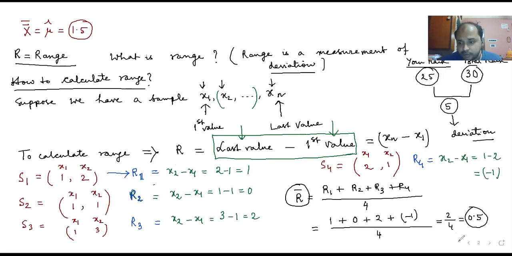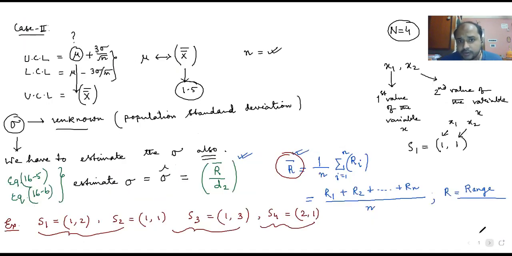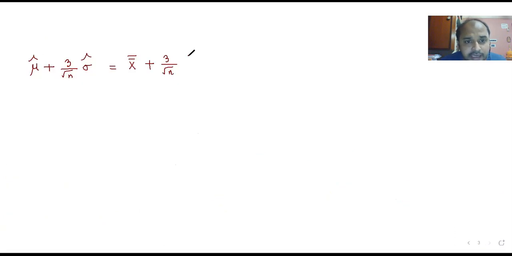So if you are interested in mu cap plus 3 by root n sigma cap, because mu and sigma are unknown, we have X bar for mu cap. 3 is there, n is there, and sigma cap is what? What is the formula of sigma cap? R bar by D2. So in place of sigma cap, we will write R bar by D2.